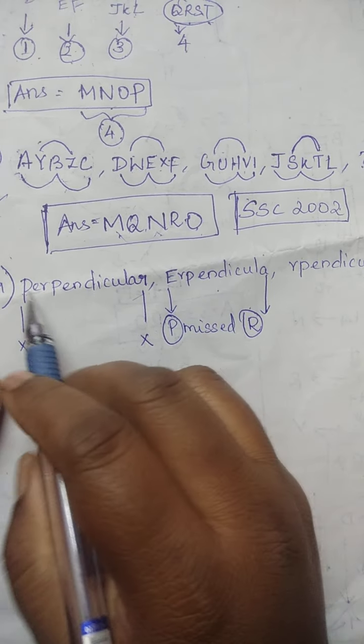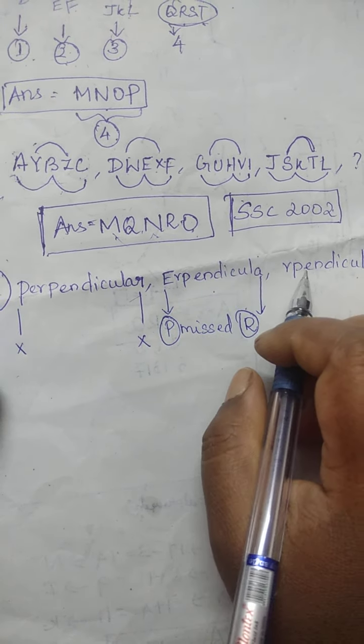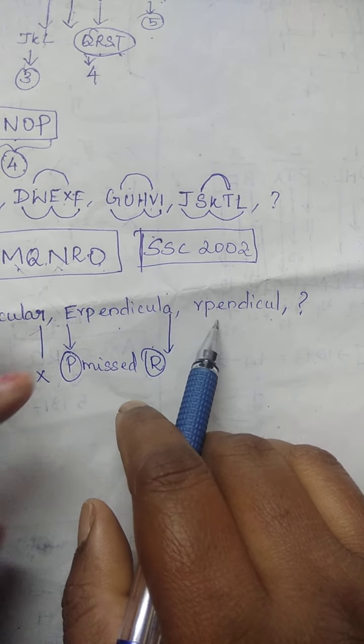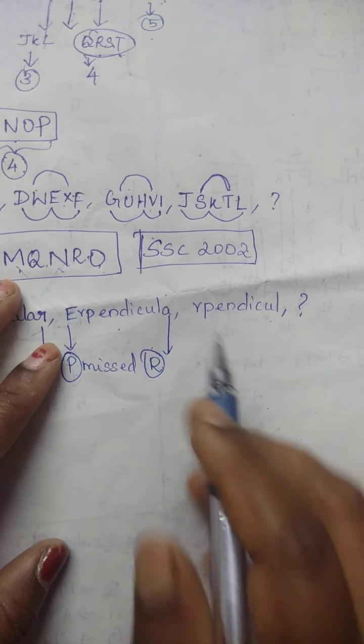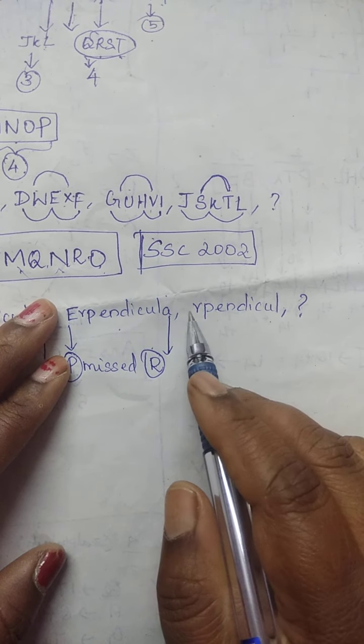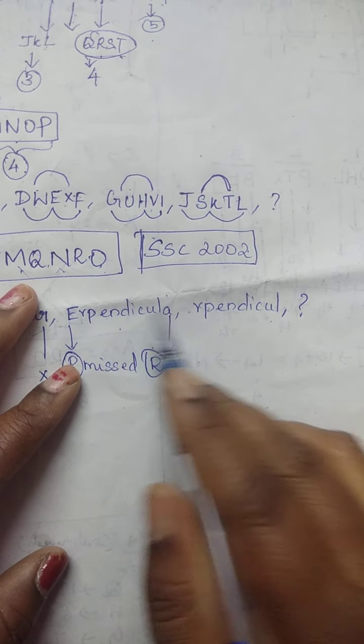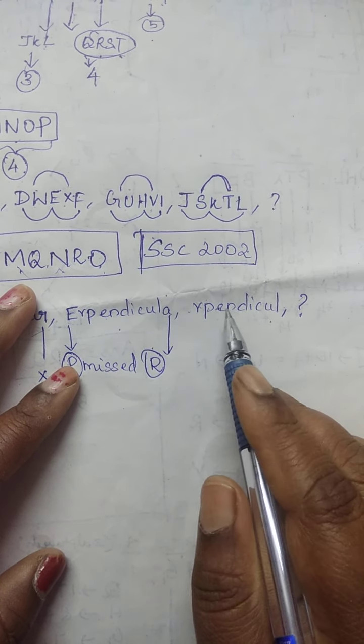Okay, then compare this to this. Compare the second perpendicular to perpendicular. See here, E is not present here. R is present. P is present. E present. N also present.